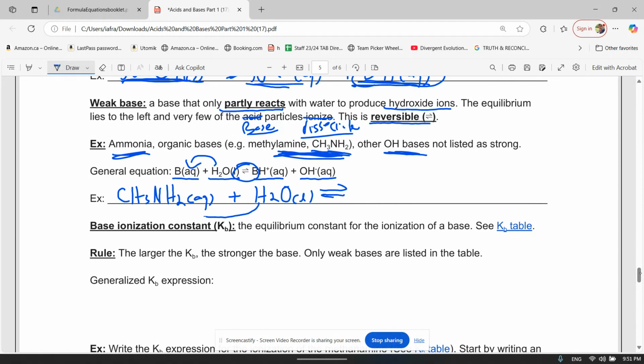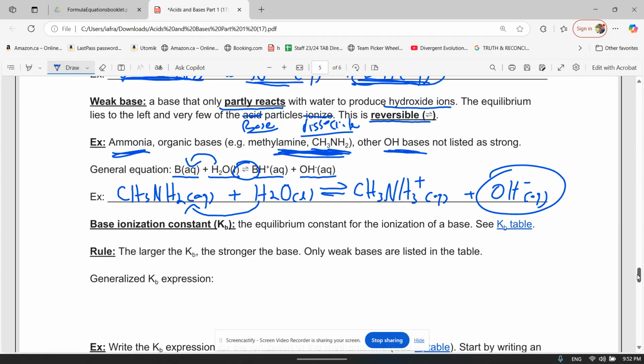Since it's a base, it's going to take H from water, and it's going to become CH3NH3 plus, because it gained an H, aq, plus OH minus aq. And so that's a weak base dissociating. It's not 100%, it's an equilibrium, and the equilibrium is more towards the left side, so you don't get a lot of OH being made, which is why it's called a weak base.